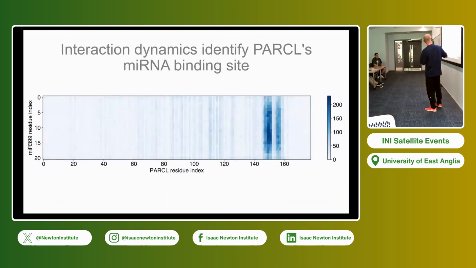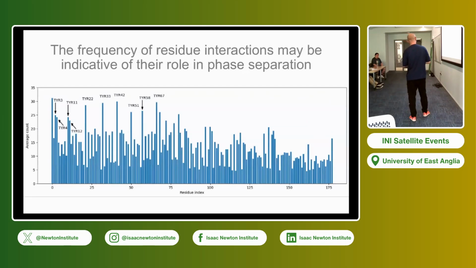We can look at the same thing, which residues interact now with the microRNA, and we get these hot spots right at this end here that seem to be indicative of where these interactions are driving phase separation. That turns out to be exactly where the microRNA binding site is, suggesting again that there's some use in this idea.